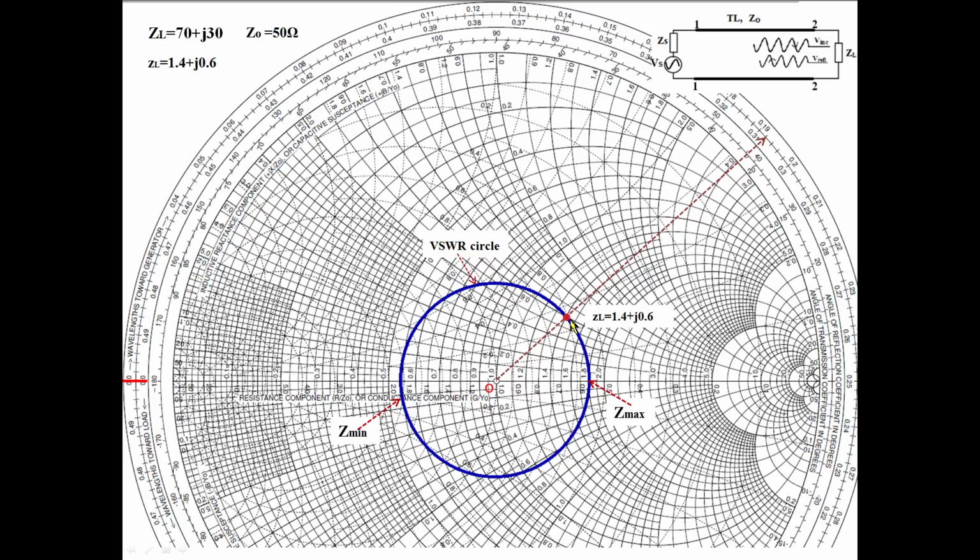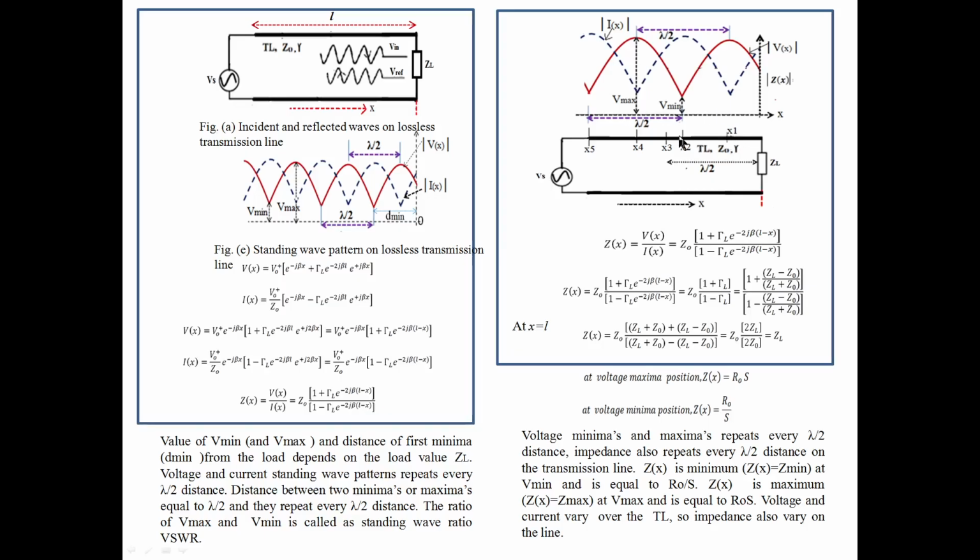Now you see, as I said, I am moving over this. As we move like this, impedance changes. At some point, impedance is maximum. At some point, impedance is minimum. As we know on the transmission line, it becomes minimum here.